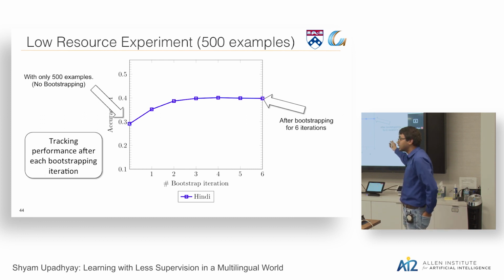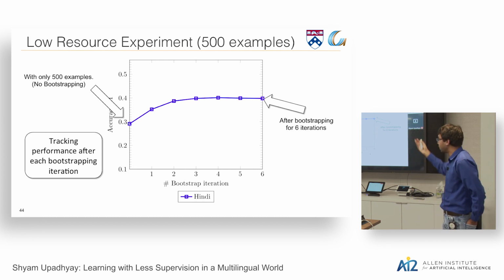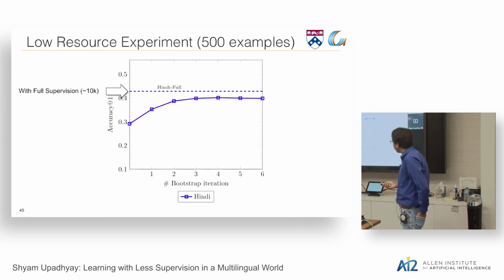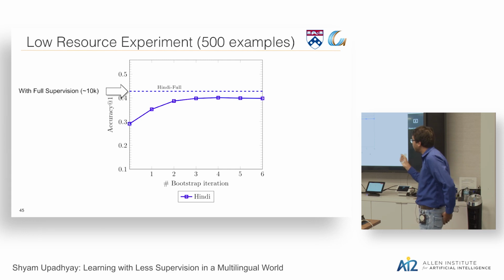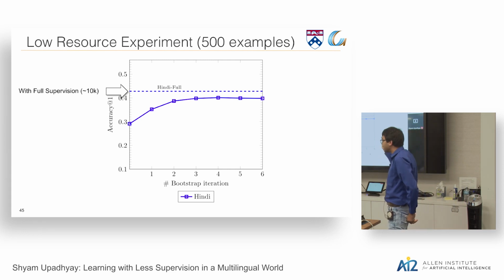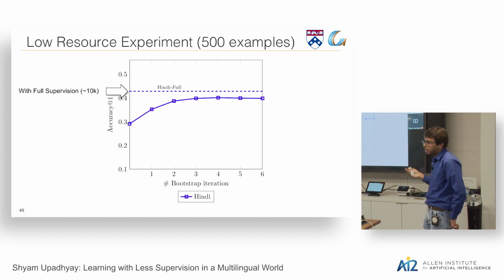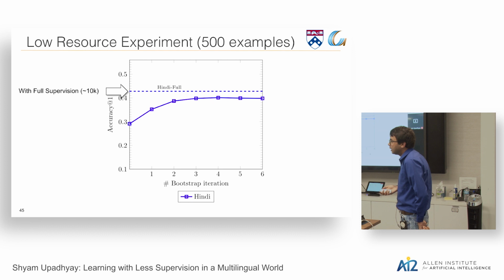And after bootstrapping for 6 iterations, your performance increases by around 10 points to around 40%, which is pretty nice. And if you compare that with the model which is fully supervised, which has almost 20 times more supervision, you can see that we come pretty close to the fully supervised model, which is around 42 to 43% accurate. So this is also a really encouraging result because you can work with only 500 name pairs and bootstrap to a much more competitive performance.